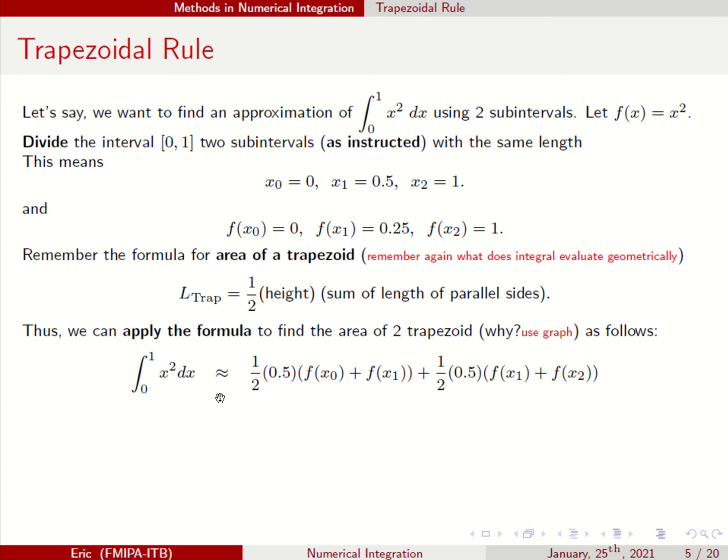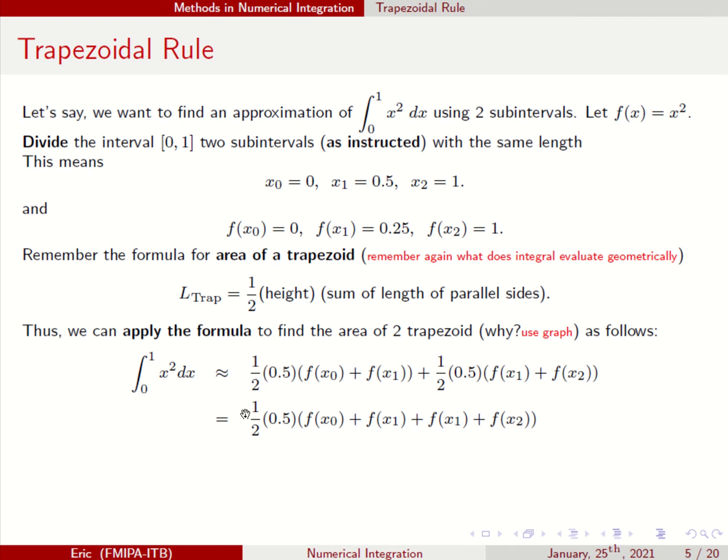The approximation is a half times the height. The height is always the same because these are the same length. So you have a half times 0.5 times f(x0) plus f(x1), and for the second trapezoid, a half times 0.5 times f(x1) plus f(x2).